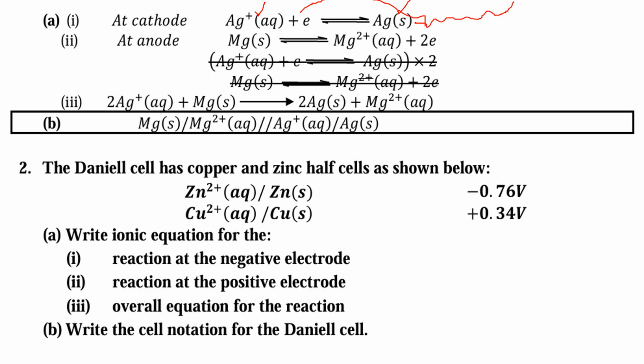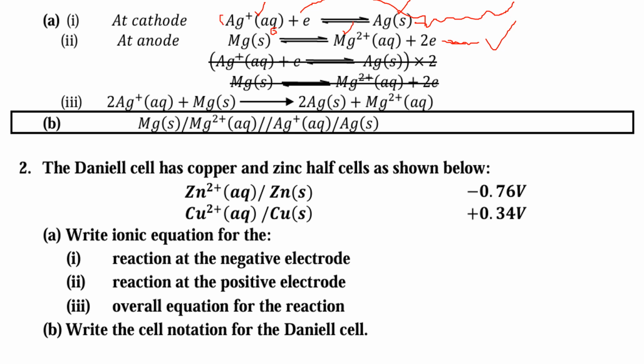But at the anode we have oxidation. So we need to reverse our equation so that we get an oxidation equation, which shows that the oxidation state of magnesium is increasing from 0 to +2. So this qualifies to be an oxidation reaction, which is the purpose of the anode. Then to get the overall equation, you add the two equations by eliminating electrons, just like the way we did in redox reactions.